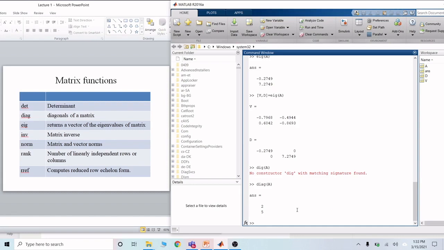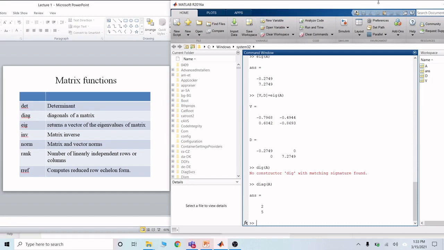This is all about the matrix. We can compute the determinant, find the diagonal directly, eigenvalues, inverse, eigenvectors, diagonal matrix, and rank. We can interchange the rows and columns, and you can work with matrices in MATLAB more easily than in other software.